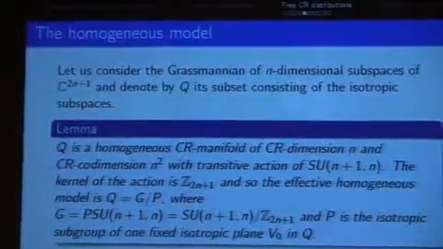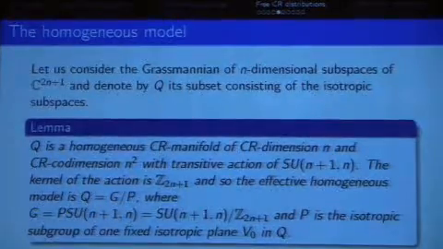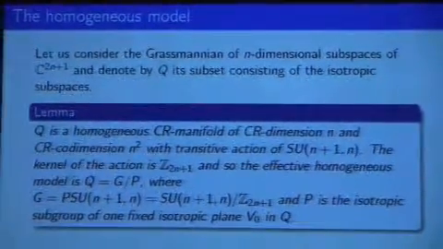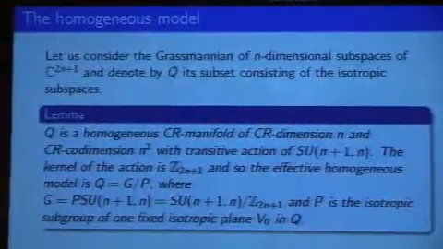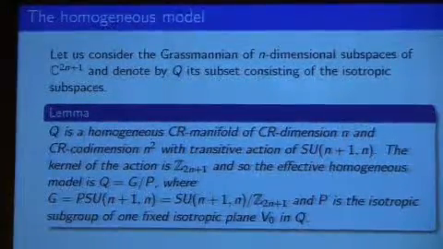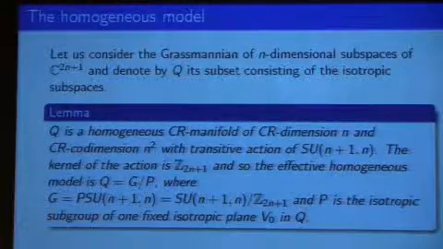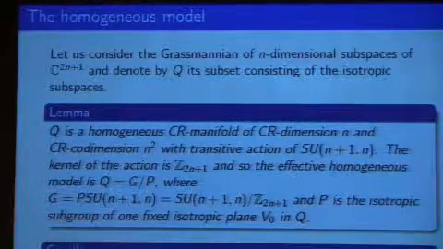The homogeneous model is, of course, what you would expect, just the quadric. You just take n square quadrics and intersect them. And that's it. That's the Q. And you can build it in the standard way, like that.